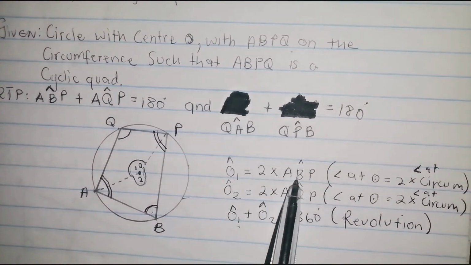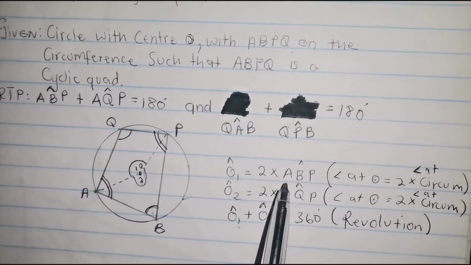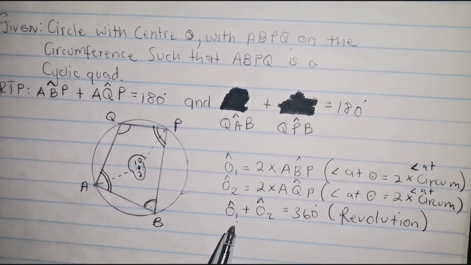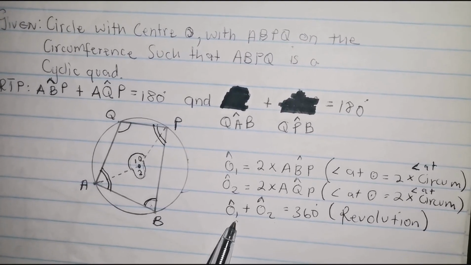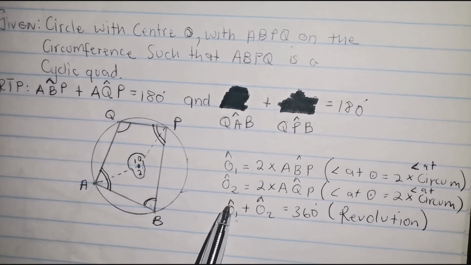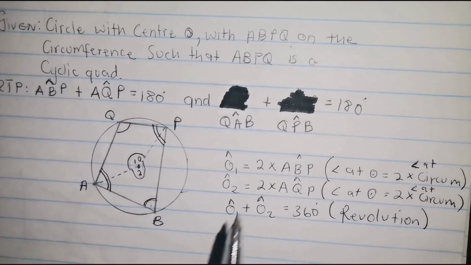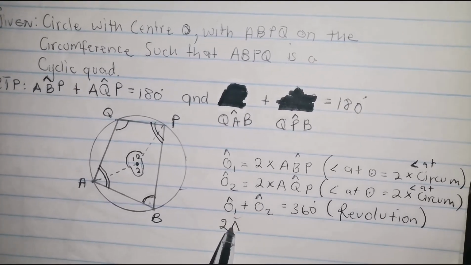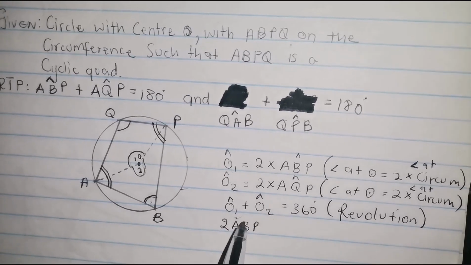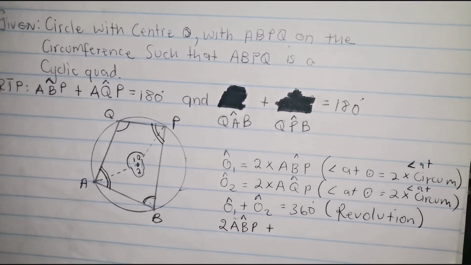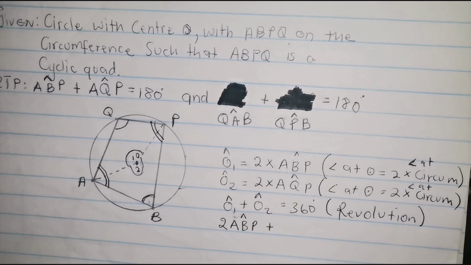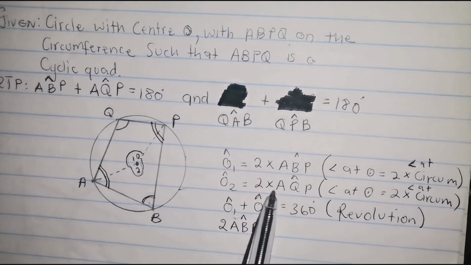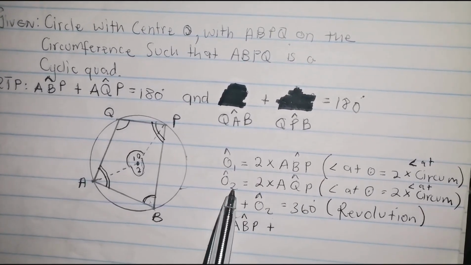Basically, O1 is equal to 2 times ABP, so I'm going to replace O1 with 2 times ABP, plus O2, which is equal to 2 times AQP. I'm just going to substitute.